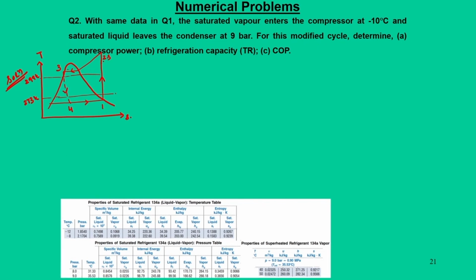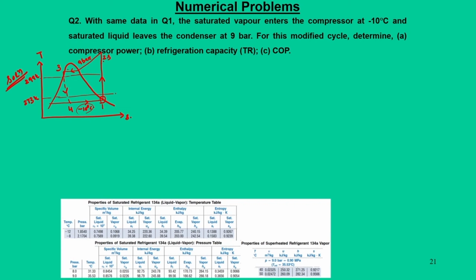Okay. So, this point we say is minus 10 degree centigrade, and this constant pressure line is 9 bar. So, we have to calculate the values at these points only.